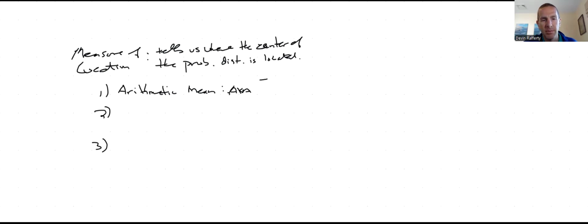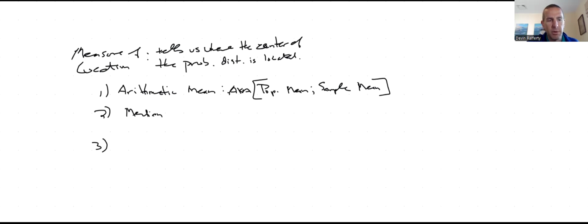And there can be a population mean and a sample mean, which is what we're going to work with in this class. Okay. An arithmetic mean, of which there's two types, right? Population mean and sample mean. There is the median, and then there is the mode.